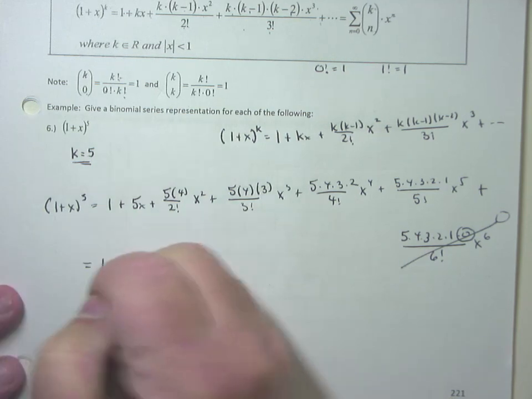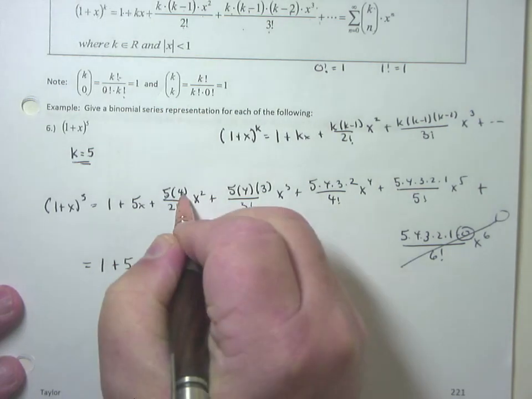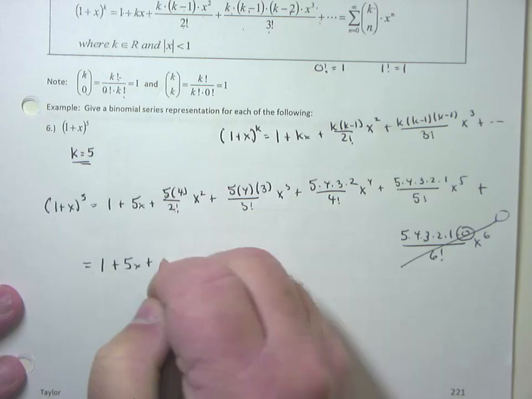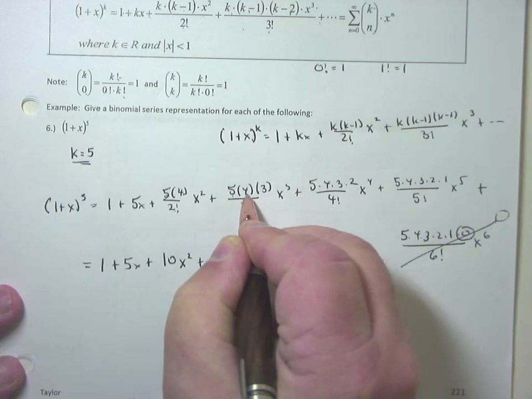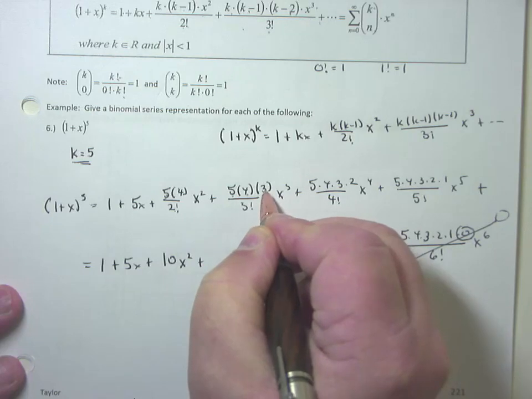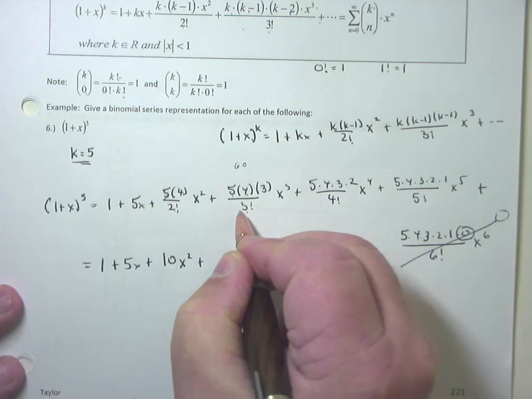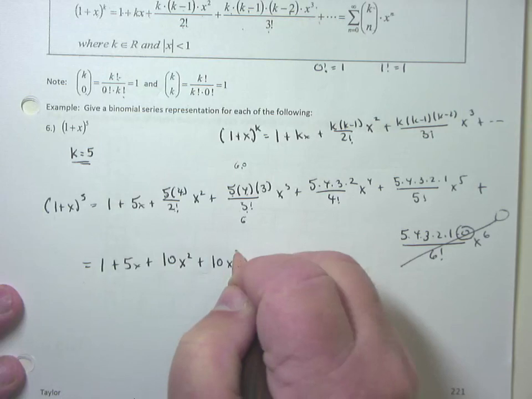This would be 1 plus 5x plus 5 times 4 is 20, 2 factorial is 2, 20 divided by 2 is 10, x squared. Plus 5 times 4 is 20, times 3 is 60. 60 divided by 3 factorial, which is 3 times 2 times 1, which is 6. 60 divided by 6 is 10, x cubed.